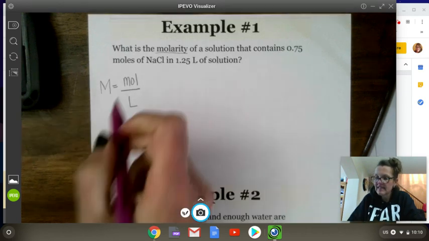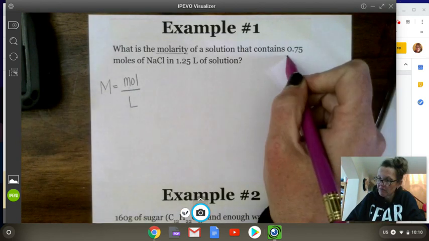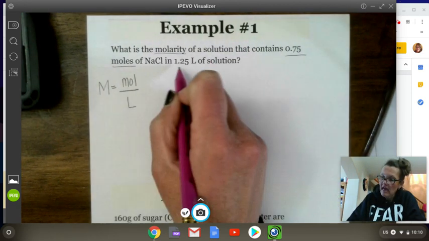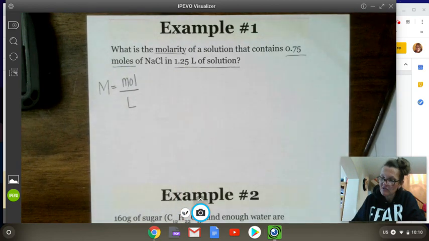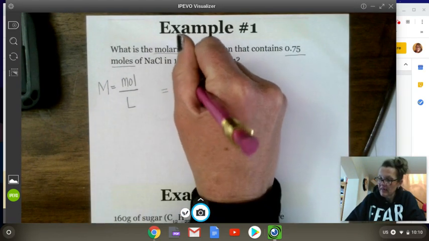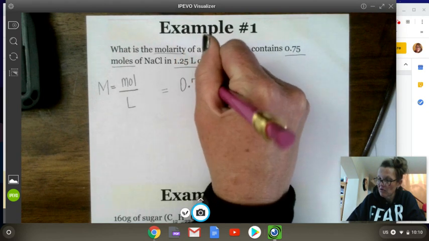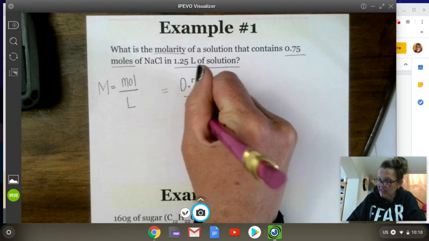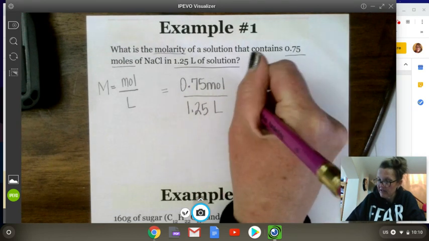So this is pretty easy. I need to know moles and I need to know liters. So 0.75 moles, there's my moles, and 1.25 liters of solution. All I simply do is plug those numbers in. So 0.75 moles divided by 1.25 liters.